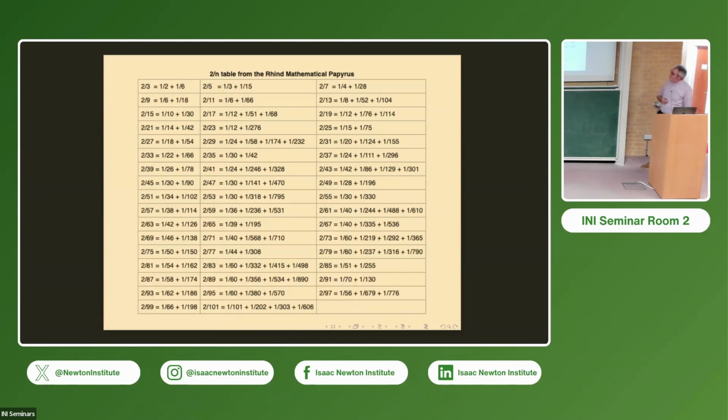And the work of Neugebauer and others in the 1920s says, well, okay, there has to be some kind of underlying principles to how this table is constructed, because these representations of these different fractions in terms of unit fractions are not unique. So they have to be able to make a choice, and what are the principles on which they're basing this table? And so this is a large part of what Neugebauer's dissertation is about.